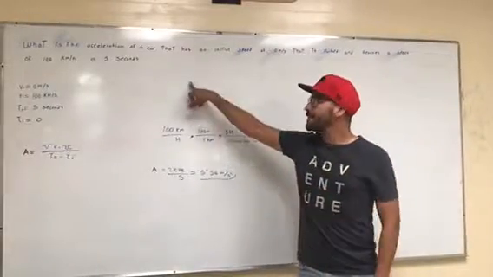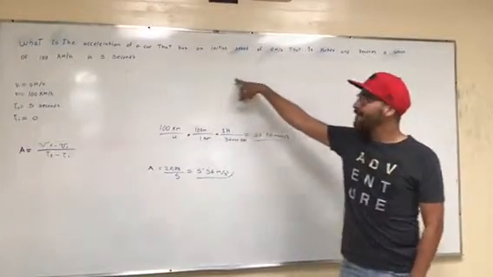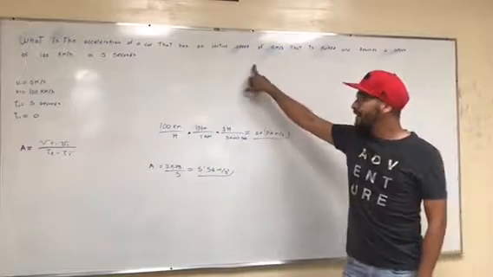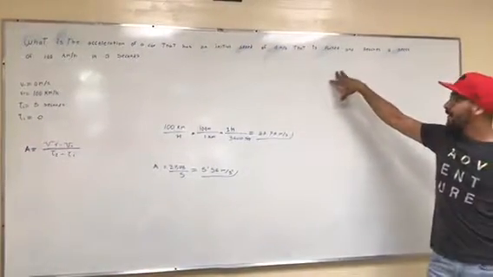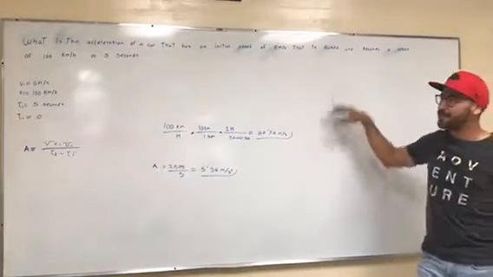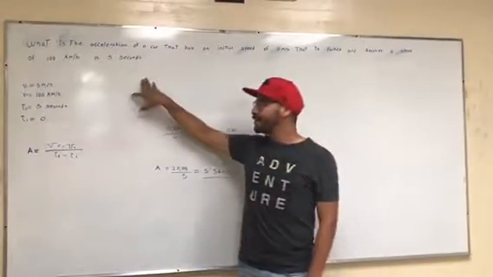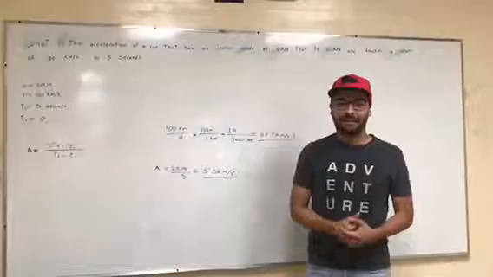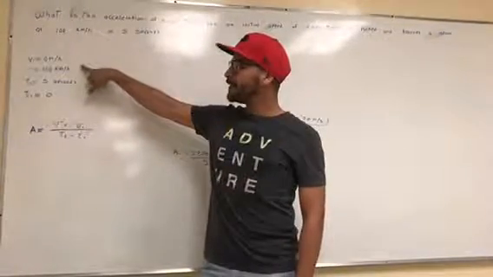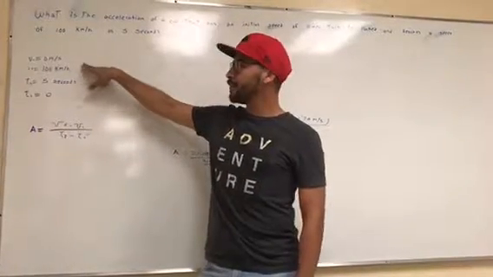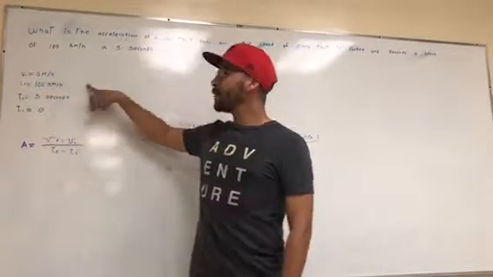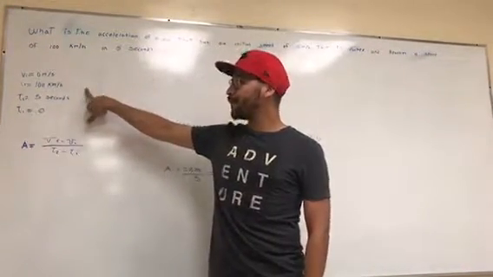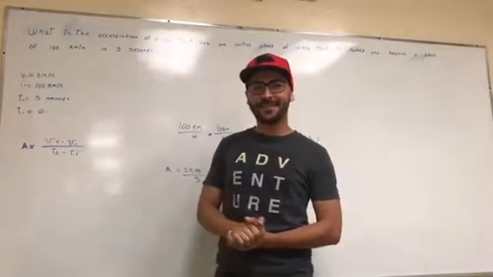What is the acceleration of the car that has an initial speed of 0, that is parked and reached a speed of 100 kilometers per hour in 5 seconds? Velocity 1 is 0 meters per second. Velocity 2 is 100 kilometers per hour.